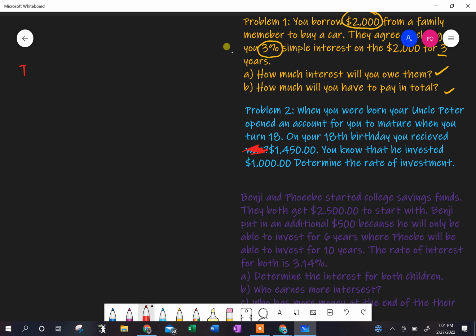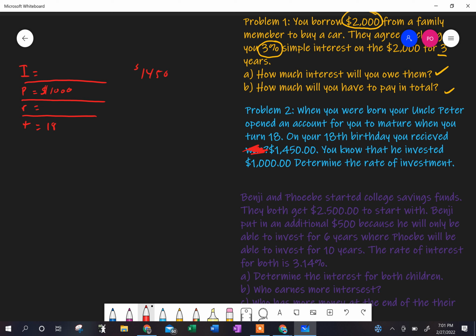So let's see. I want to know, let's fill this in. It says it matured on your 18th birthday, which means it was invested for 18 years. It also says that he invested $1,000 for you, so that investment is the principal. It also tells you that you get $1,450.